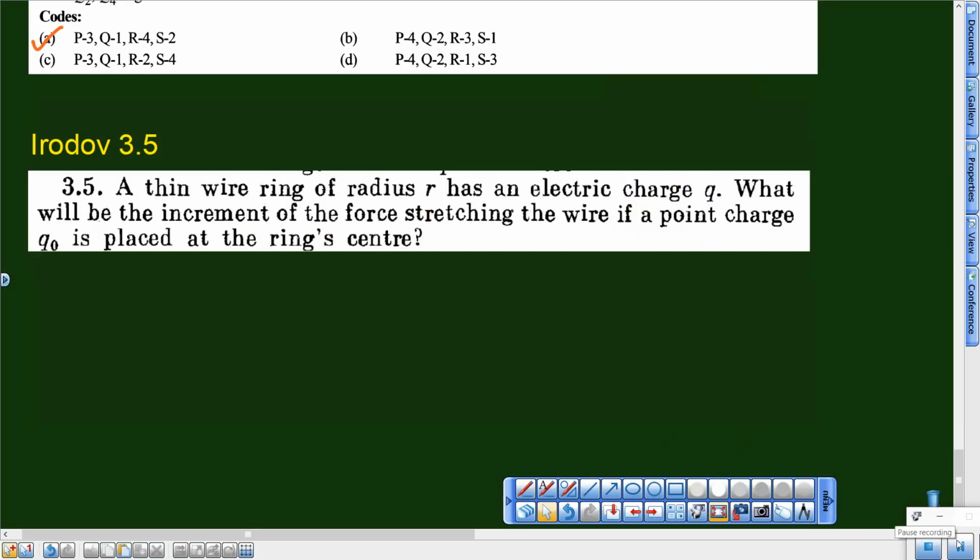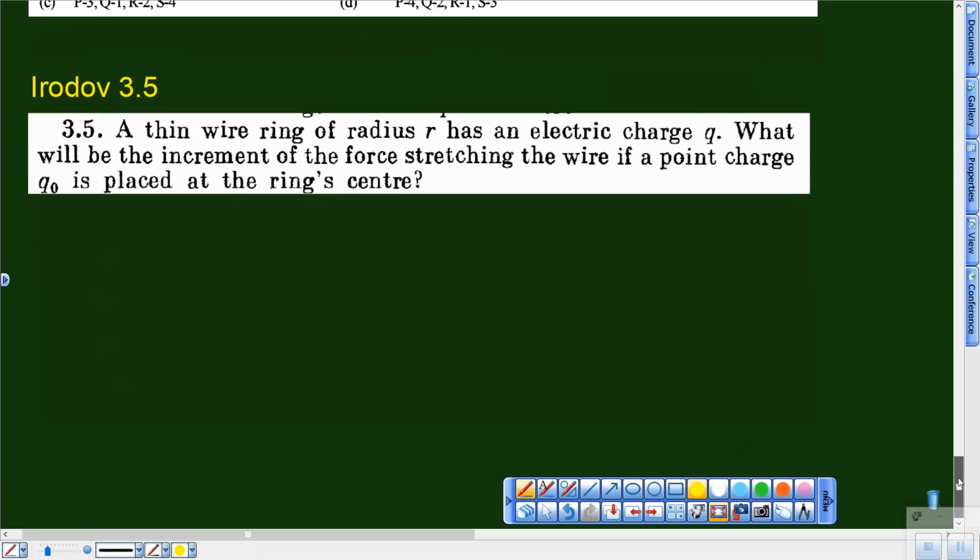Well, this is the final question for today's lecture. And this is 3.5 Irodov. This notion that we are learning here is applicable in many topics, and this is one of the applications.